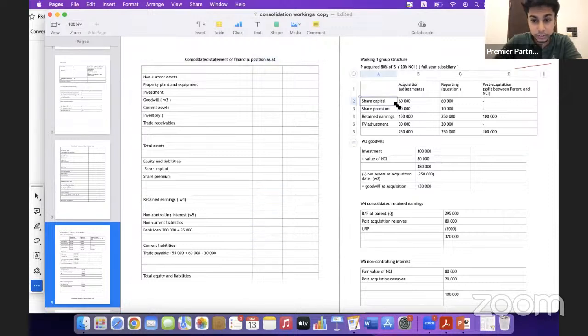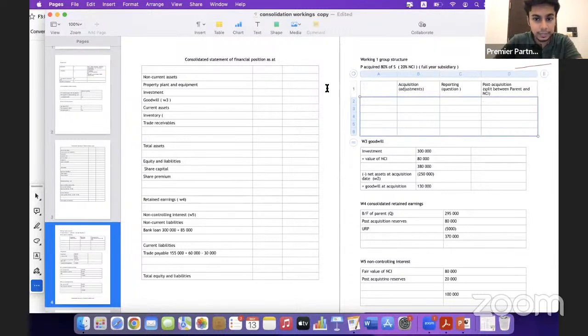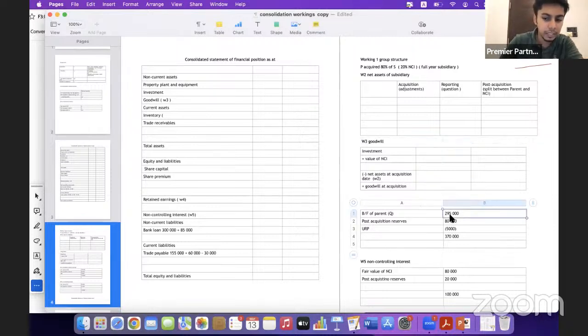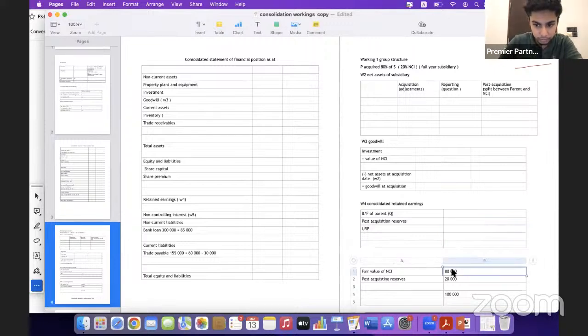So guys, this question also, there's a lot that we can learn. Like things that were not there in the last question, like mid-year acquisition. Then for an example, share exchanges. So those are things that we can learn. So a little bit of a tougher question, but I'll do it because, guys, I feel you can learn a lot from this question. Okay.